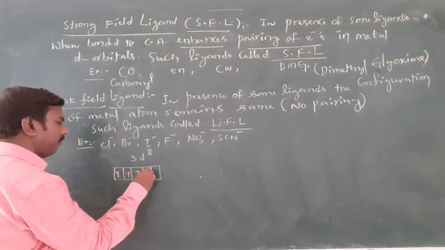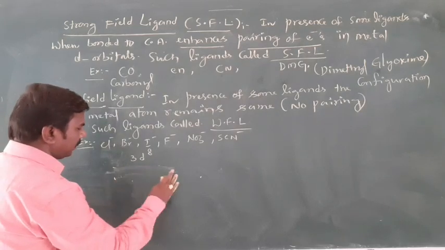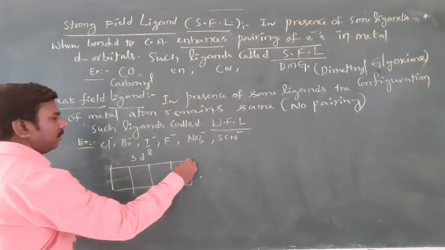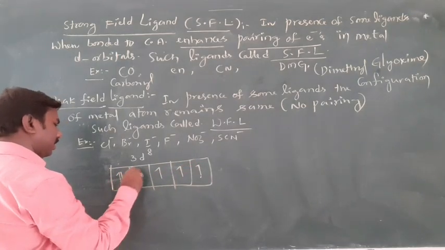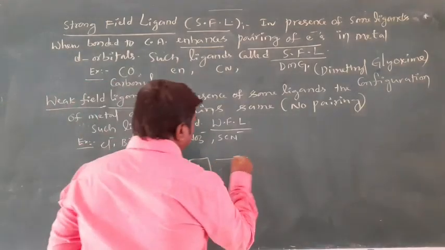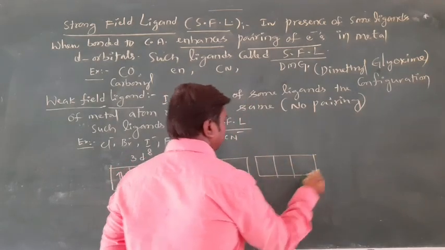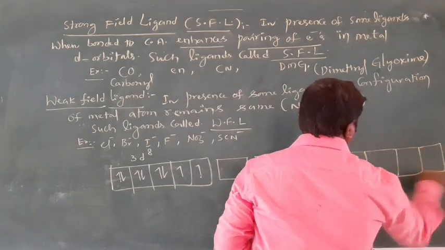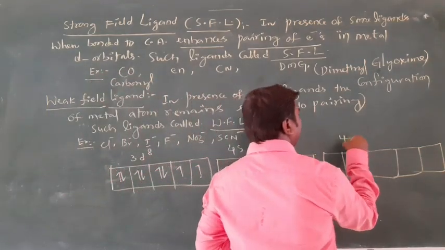1, 2, 3, 4, 5, 6, 7, 8. Okay. So outside, these are the orbitals: 3d, 4s, 4p, 4d.